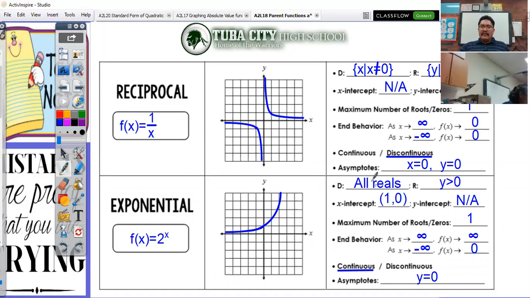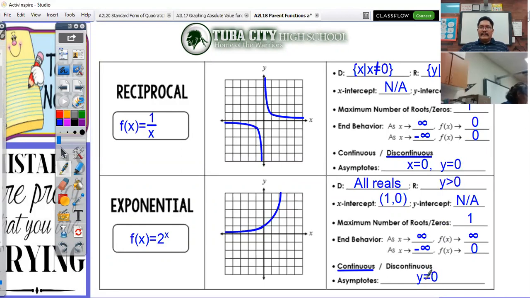So domain is all real numbers. Again, this line is continuous. Even though it shoots up really fast right here, we can go all the way this way. And for y values, we can choose anything as long as it's greater than 0. Now this one does not have the or equal to, because there is an asymptote on the y-axis.